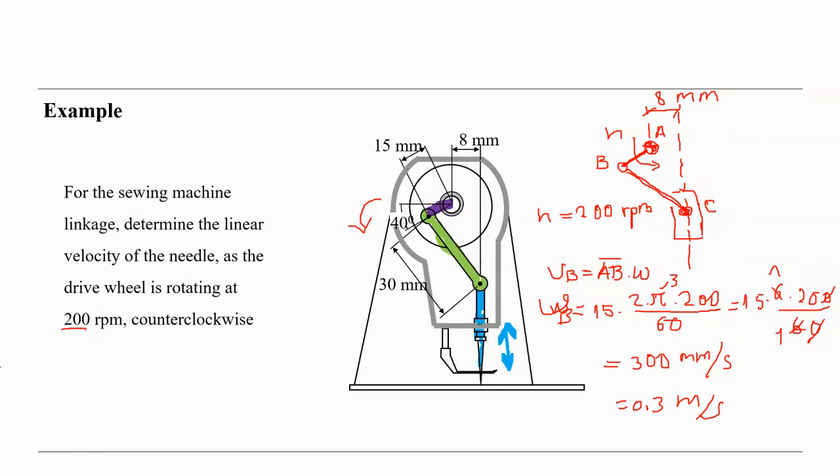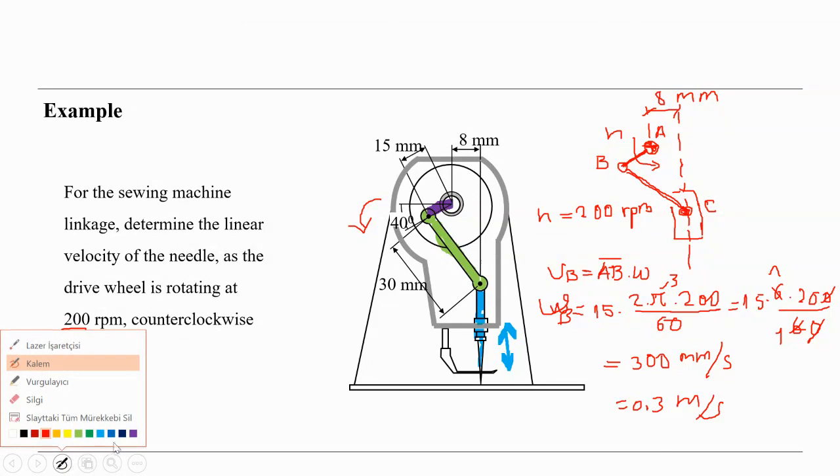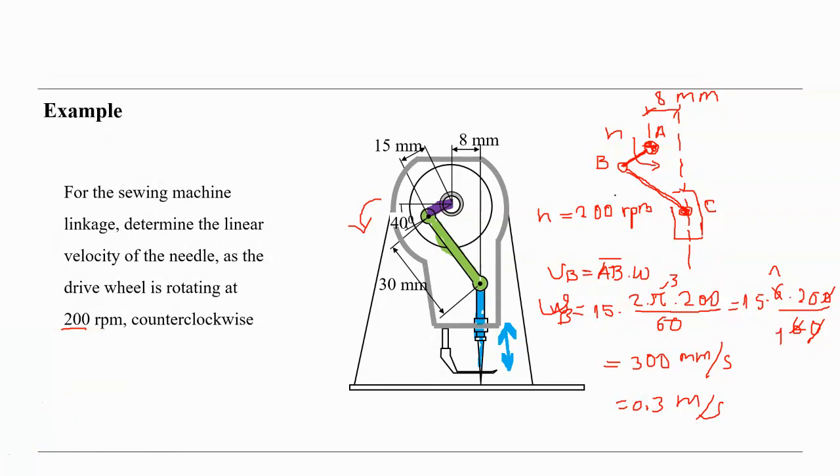Direction counterclockwise must be, let's use another color for the vector polygon, like this here, and this must be perpendicular to that, counterclockwise like this. So perpendicular to AB. This is VB.